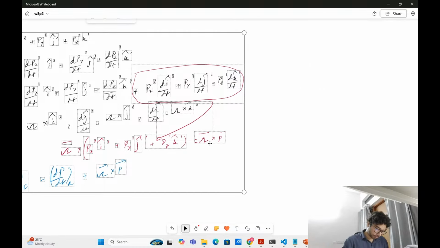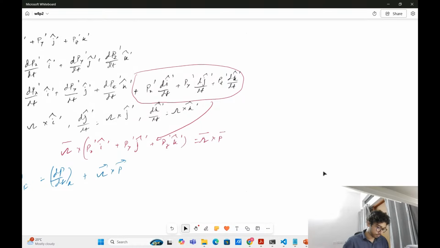So dp dt in the fixed frame is dp dt in the rotating frame plus omega cross p.